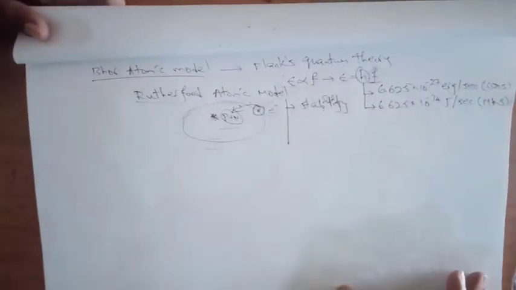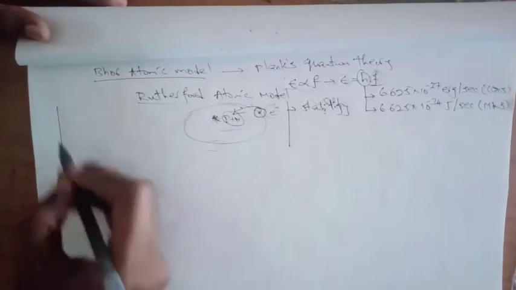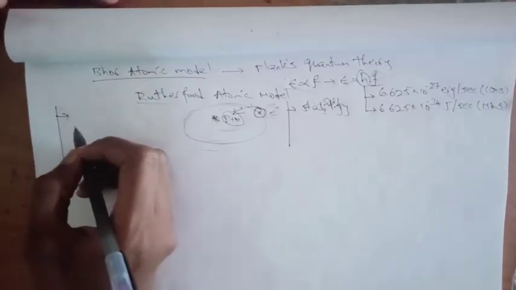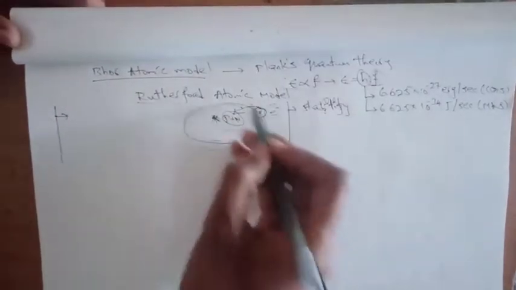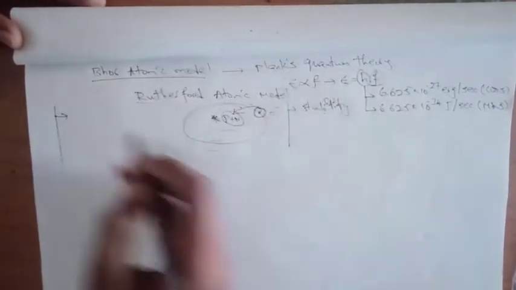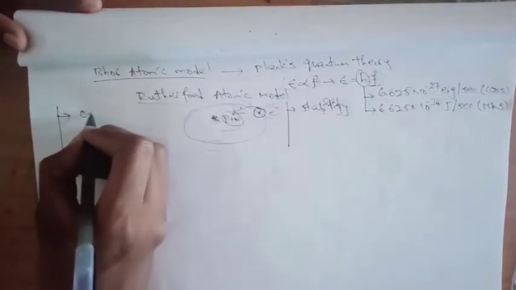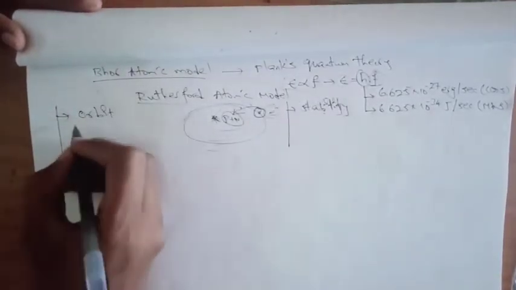It says that electrons in the atom revolve in orbits which are stationary.